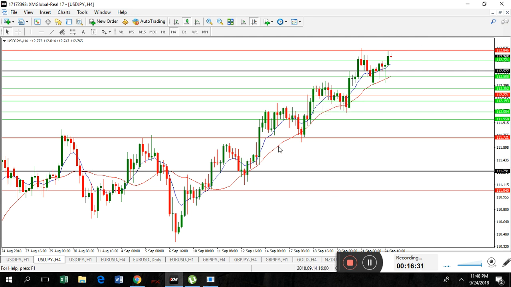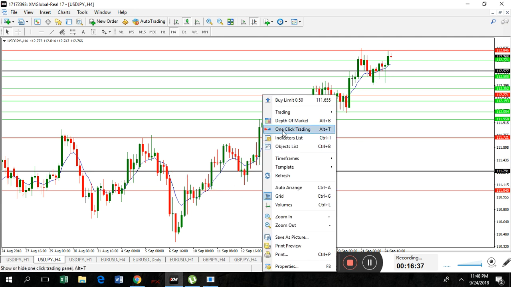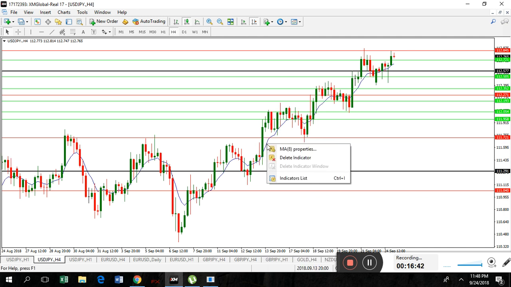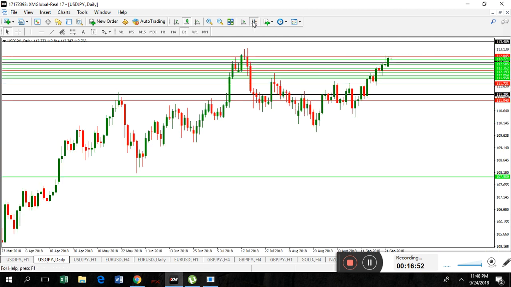So now that we've identified our trend as being an uptrend using our moving averages, we now turn to more of our technicals, like our support and resistance and our trend lines.